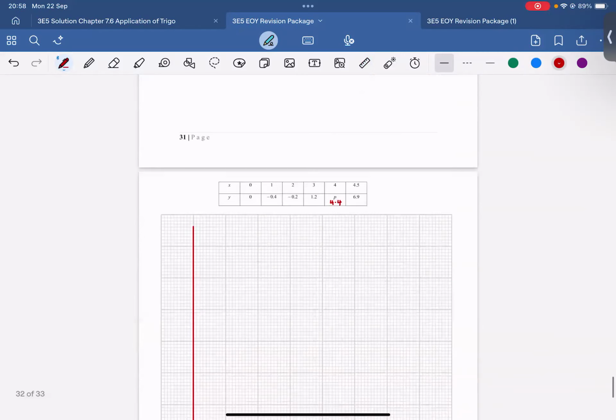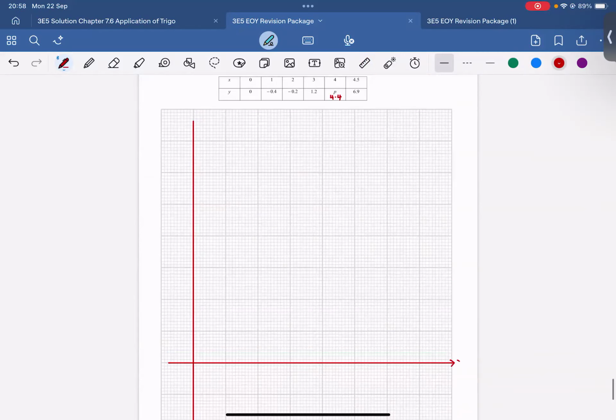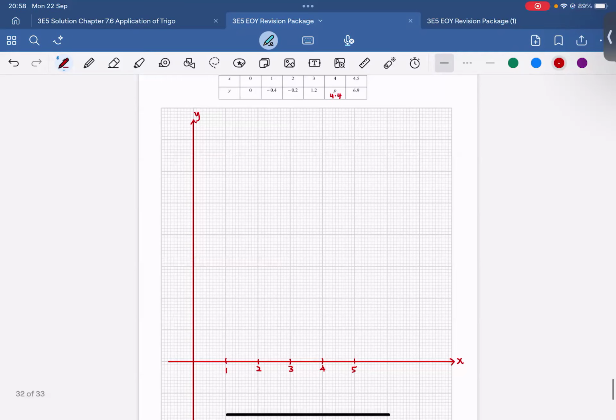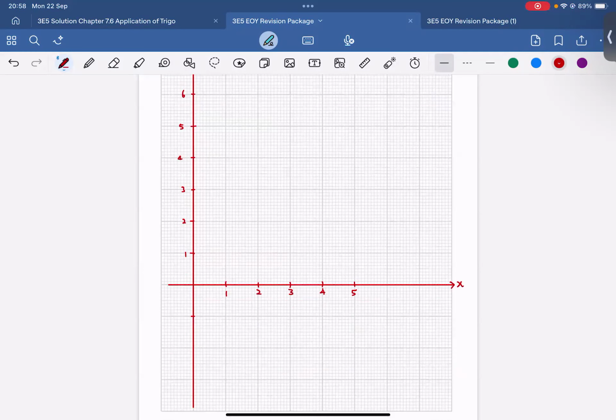Okay, so this is my x, y. 1, 2, 3, 4. A bit mini, sorry. Then 1, 2, 3, 4, 5, 6, 7, negative 1.